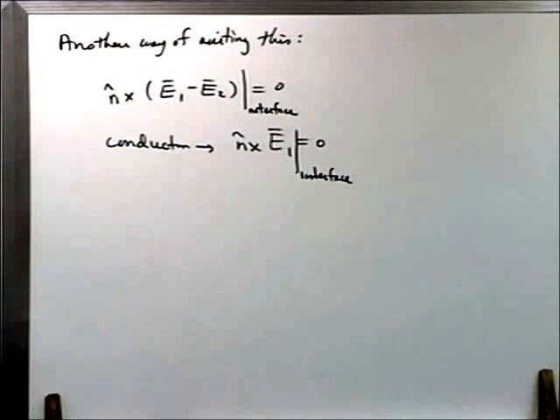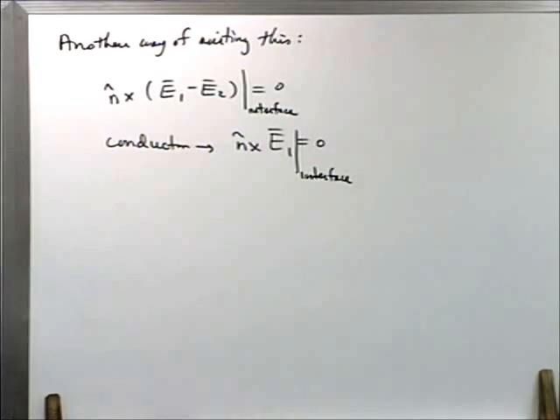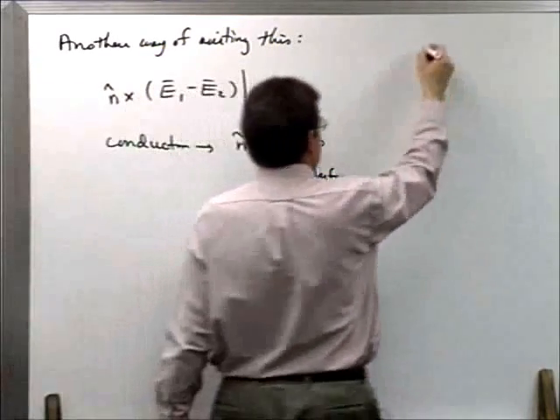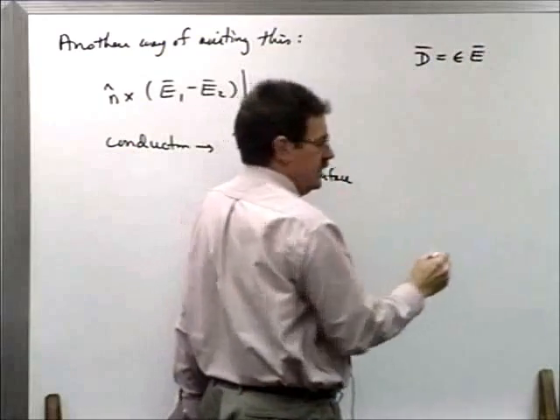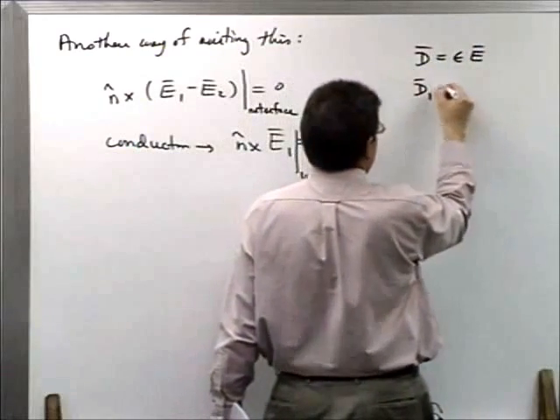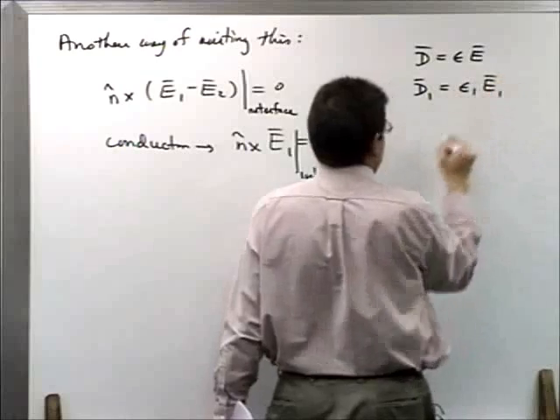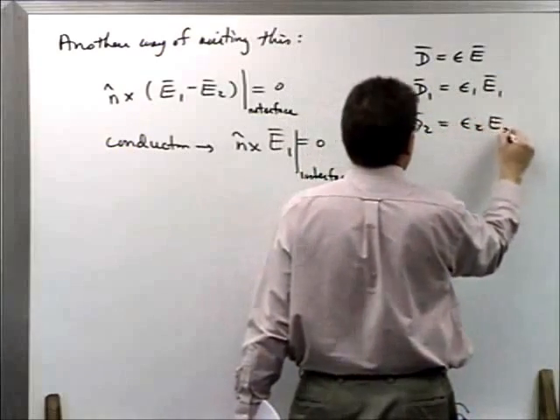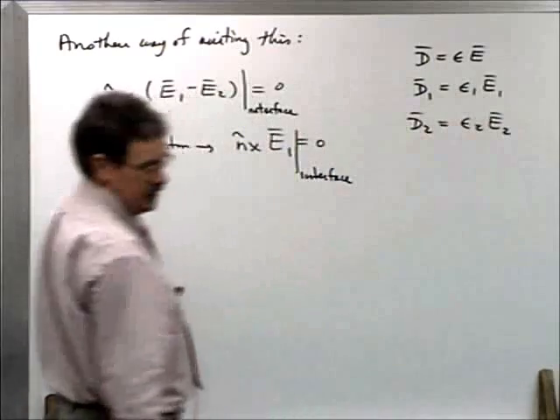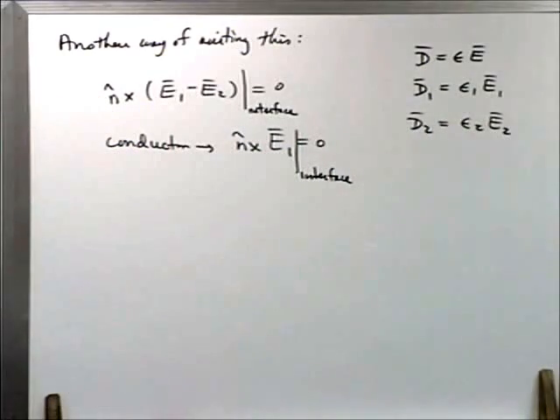Now if we substitute in here and look at the electric flux, remember D is equal to epsilon E, so D1 would be epsilon 1 E1, D2 would be epsilon 2 E2, and in general here epsilon 1 and 2 are different.